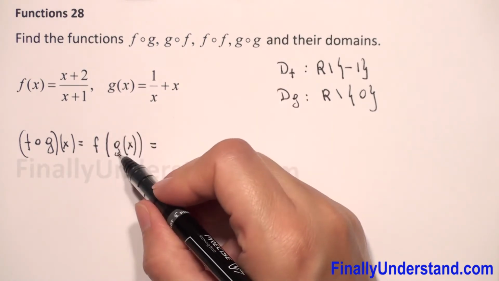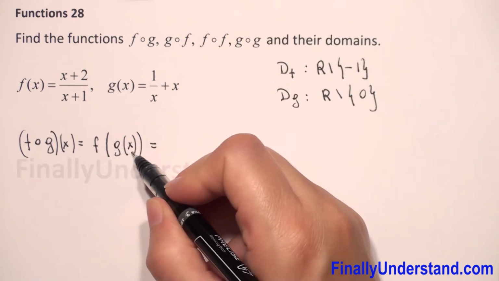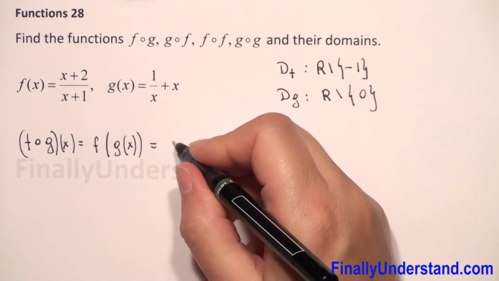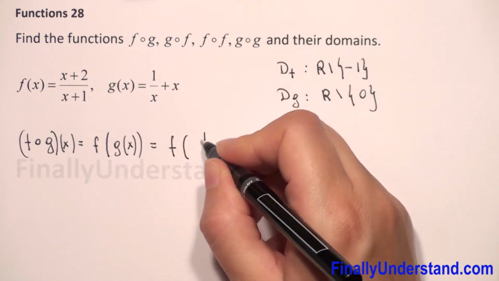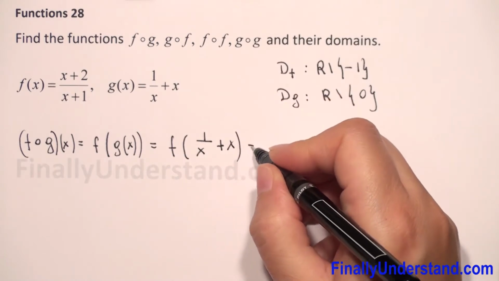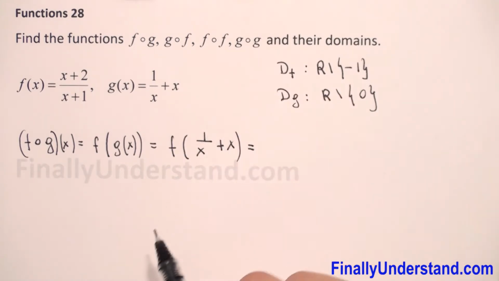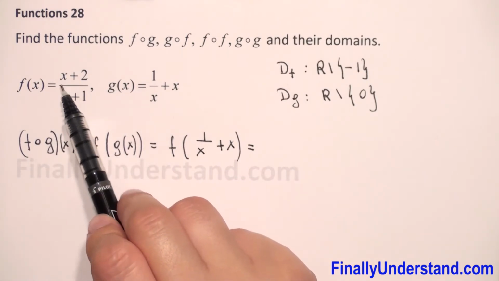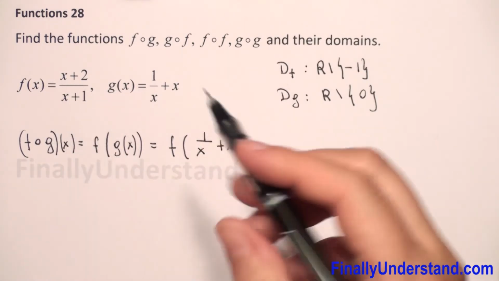So we have to now replace g of x by the formula of this function. So we have f of 1 over x plus x. This is equal. And now we are going to our f function. The formula of our function is x plus 2 over x plus 1.